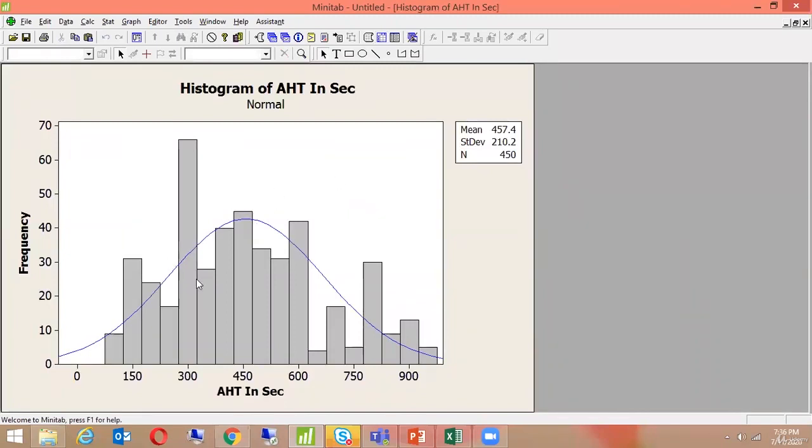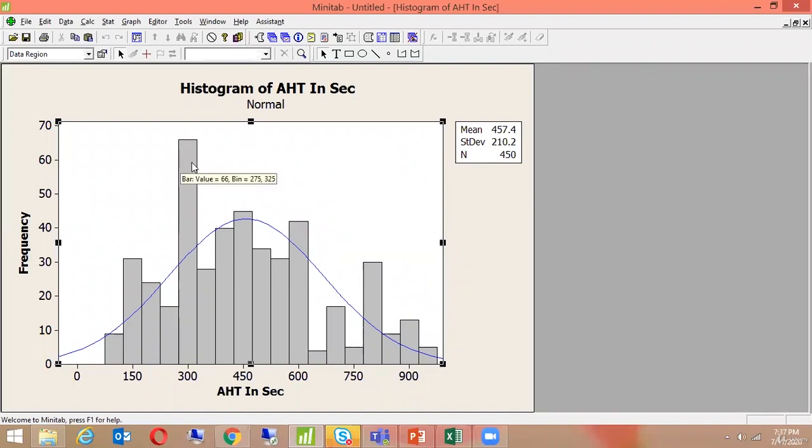You can see that these are the frequencies, the number of occurrences that have happened. If I click on any of the bars, it also gives me a bin. A bin is a range. Can you all see the bin of 275 to 325 here?